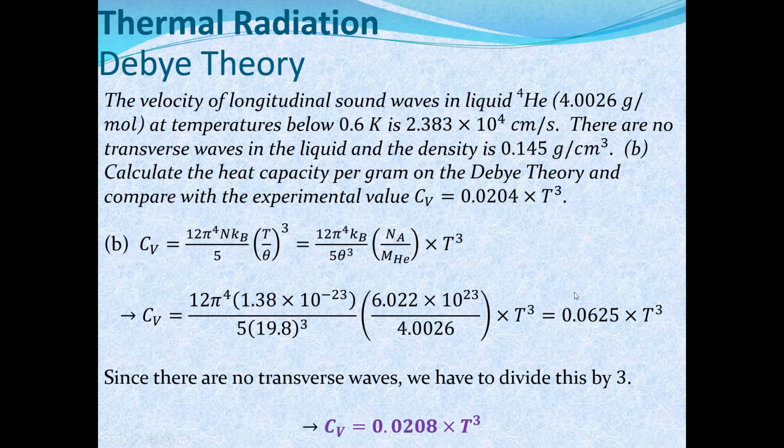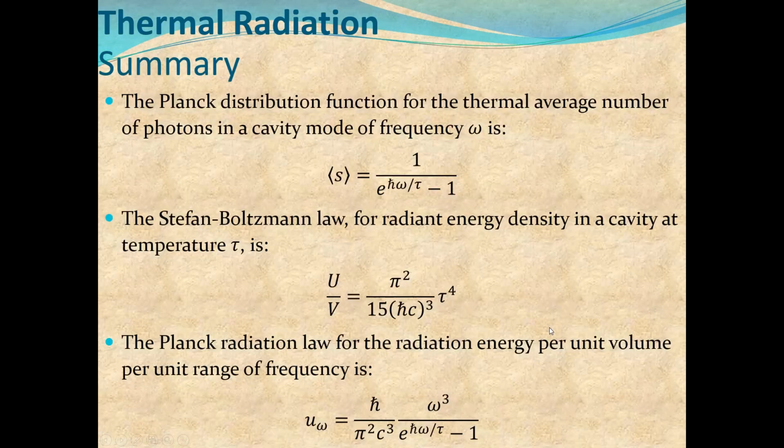The only thing that's missing is this. And then you notice, oh, this looks like it's just a factor of 3 compared to this. That hints back to what they said before, that it's only a longitudinal wave and that there are no transverse waves, which, remember, is 2 of the 3 waves. So we're only talking about 1 of the 3. That hints as to what you're going to end up doing.